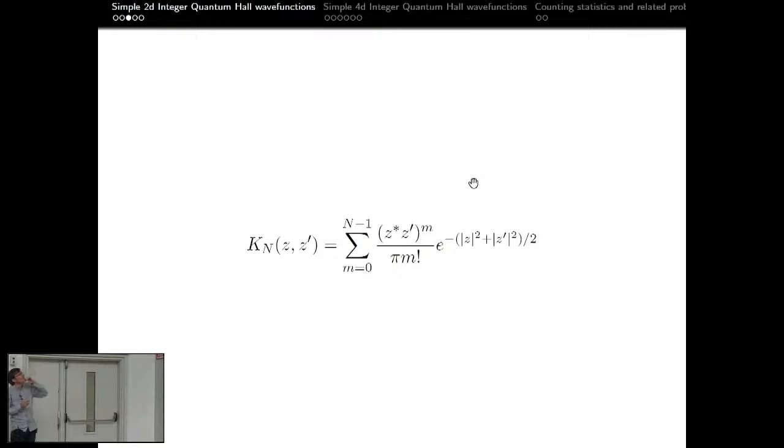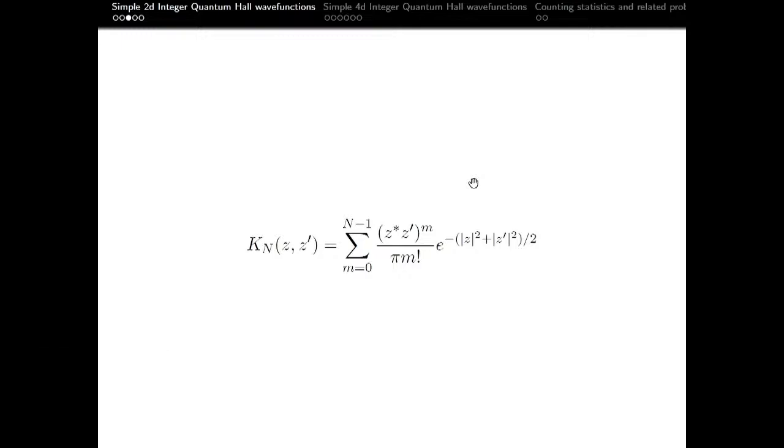There is a huge literature on this, and I will focus on one tiny but interesting aspect, which is what I call the edge physics. First of all, this is the correlation kernel, and if you set z prime equals z, you get back the density. What is well known is that for large n, the density is constant in the bulk, which here will be a disk, and outside it is very, very small.